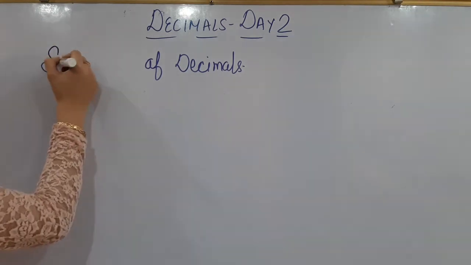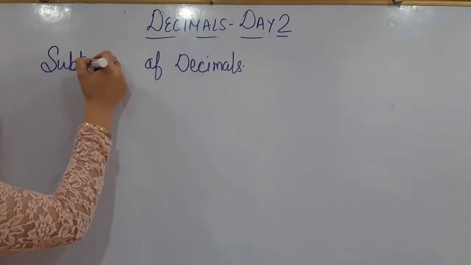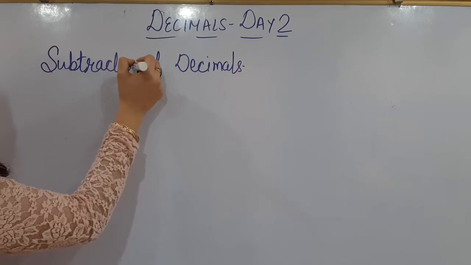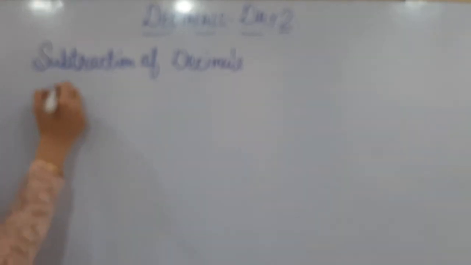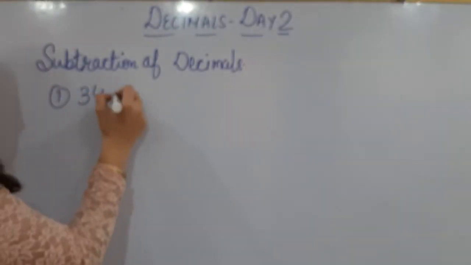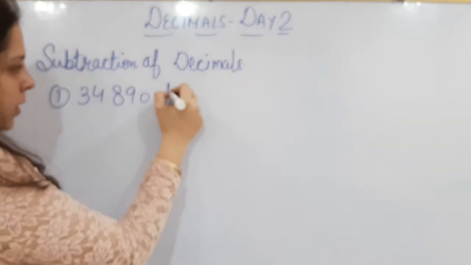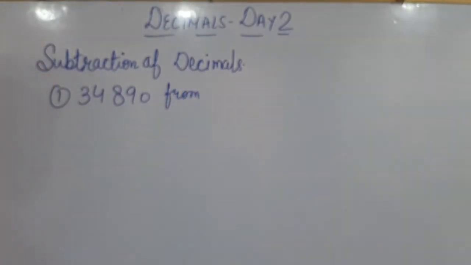So let's do subtraction of decimals. For subtraction, you should also write the decimal points in one column, and you should keep in mind the place values, and like general subtraction, you can subtract decimals also. So let's consider a question.